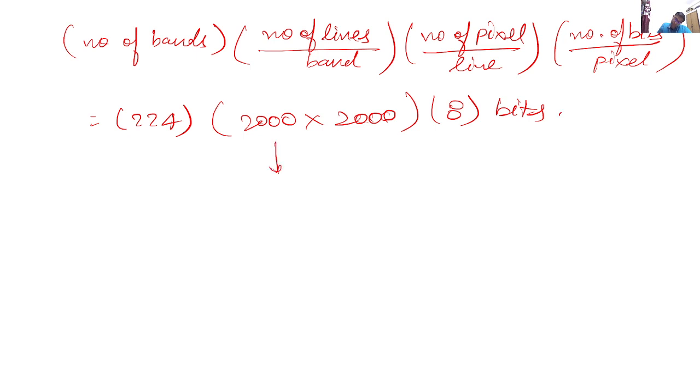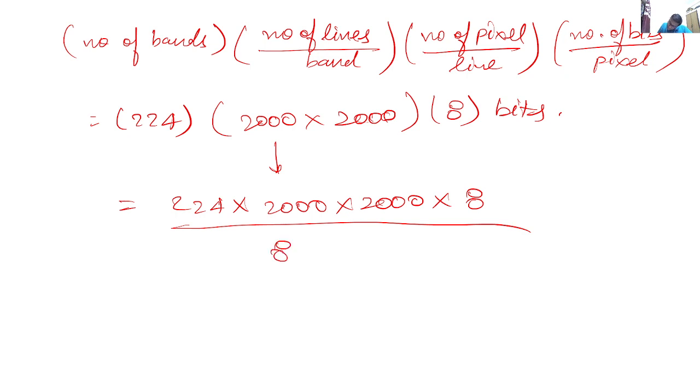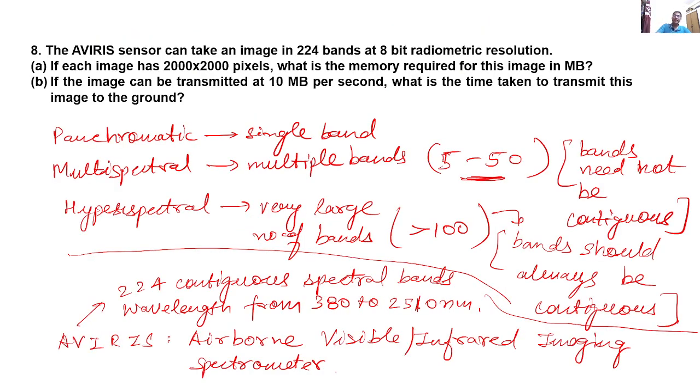Let's convert it into megabytes. So 224 into 2000 into 2000 times 8 bits. By converting bits to bytes, you need to divide it by 8 and then divide it by 10 to the power 6 to convert it into megabytes. It comes out to be 896 megabytes finally. And this was question number A. And question number B was the time required at 10 Mbps.